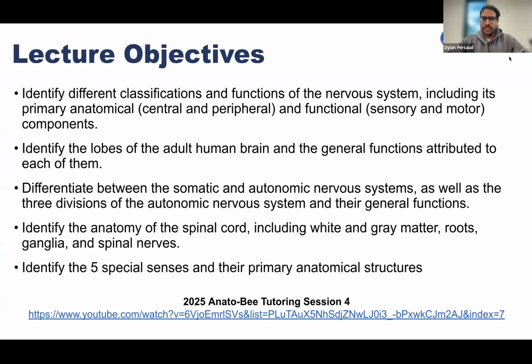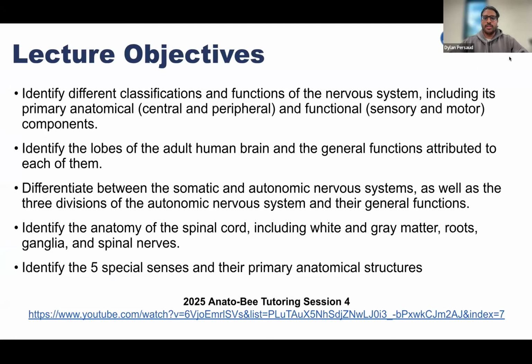So you guys can read this in your free time, but just very briefly, we're going to go over the anatomical and the functional aspects of the nervous system, talk about some different classifications and also the function, so central versus peripheral, sensory and motor, talk about the lobes of the human brain and the different functions of the lobes, differentiate between the somatic and autonomic nervous system and their functions.